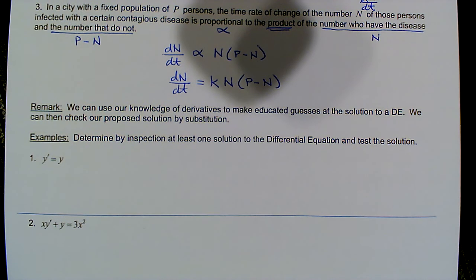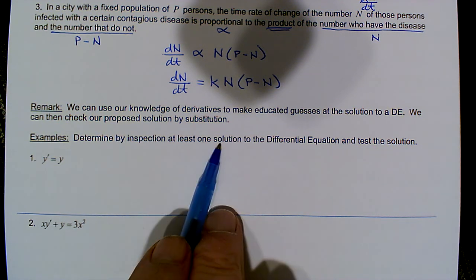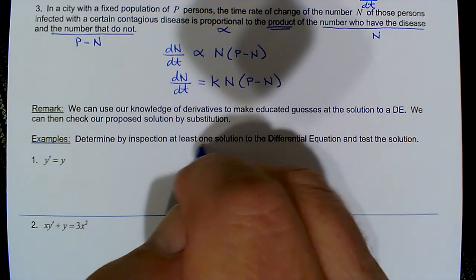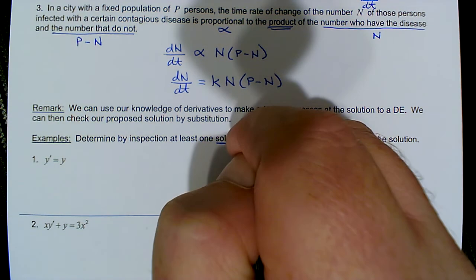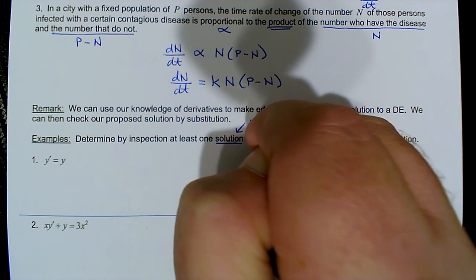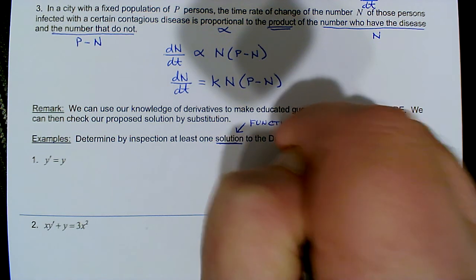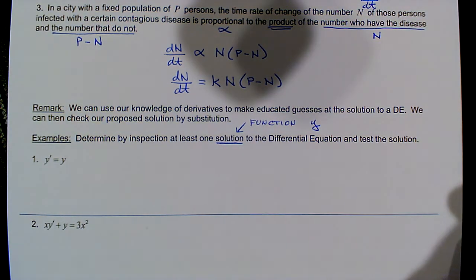So we're looking for the function y. A solution to the differential equation is the function y that satisfies the differential equation. So here we're looking for a function such that its derivative is equal to that function.